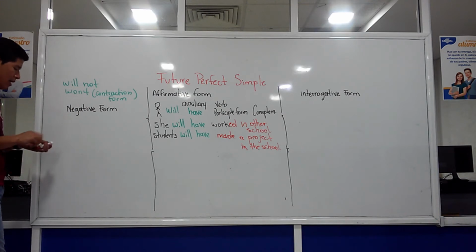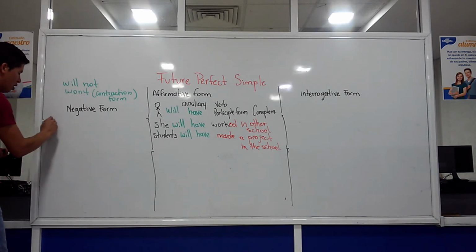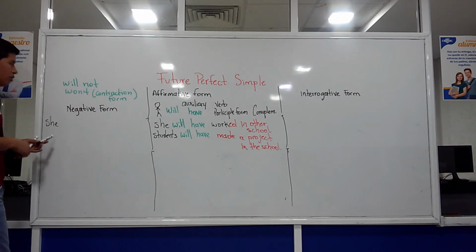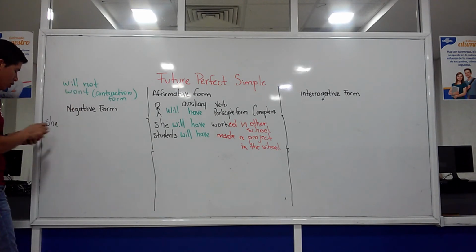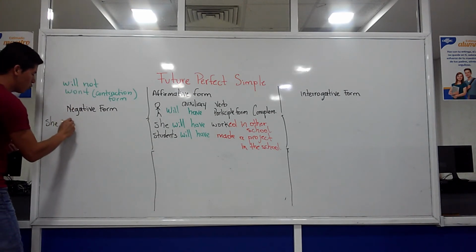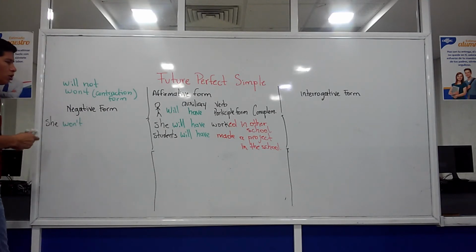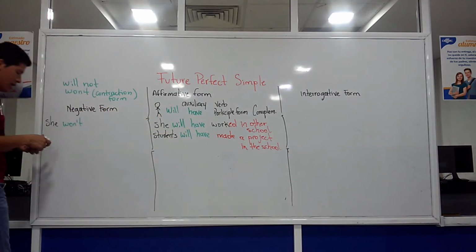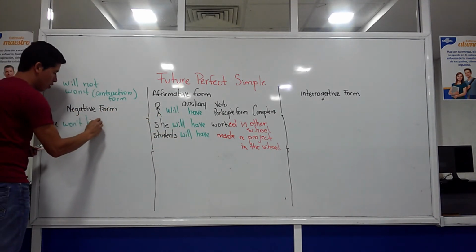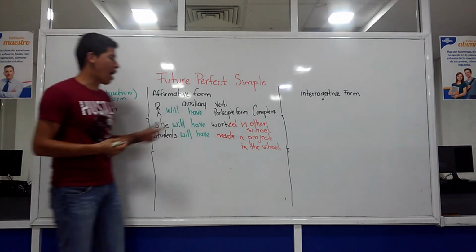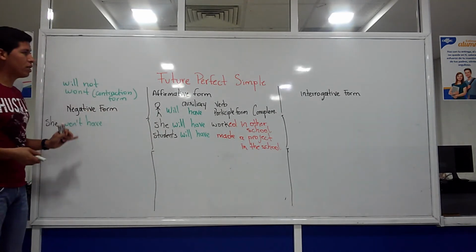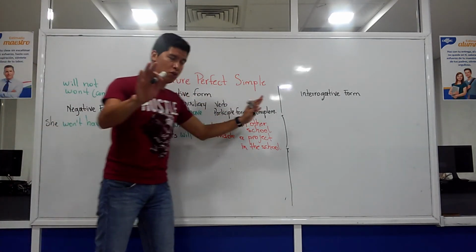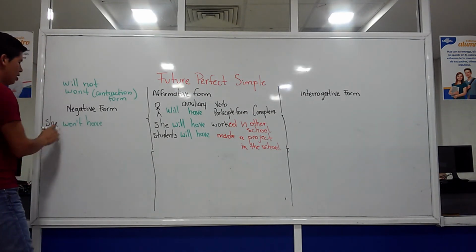Okay, negative form. I say she. So in the future negative form, I use in this case will not or won't. I'm going to use won't because all the speakers use the contraction, and I always use have. The auxiliary have doesn't change in the affirmative, negative or interrogative form.